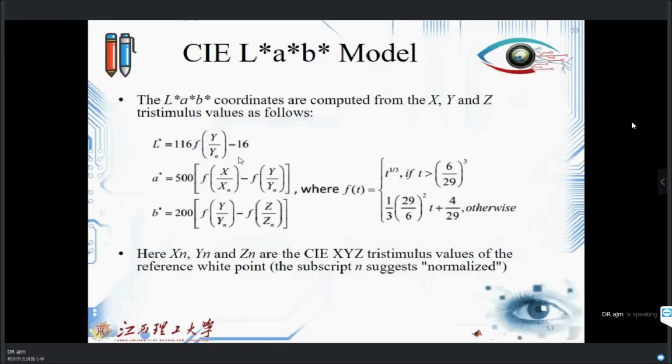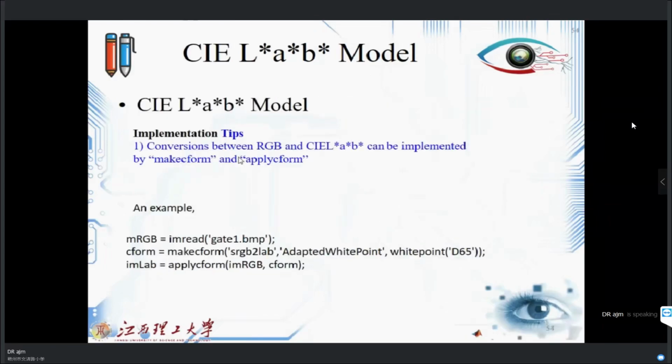If we want to know more about CIE Lab, we can simply implement it with makecform and applycform in MATLAB. There is one example here that I prefer we see in the MATLAB section, where we can see the performance.